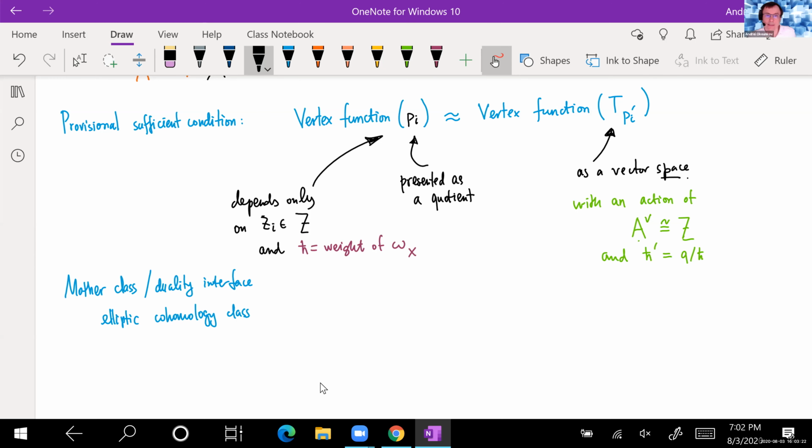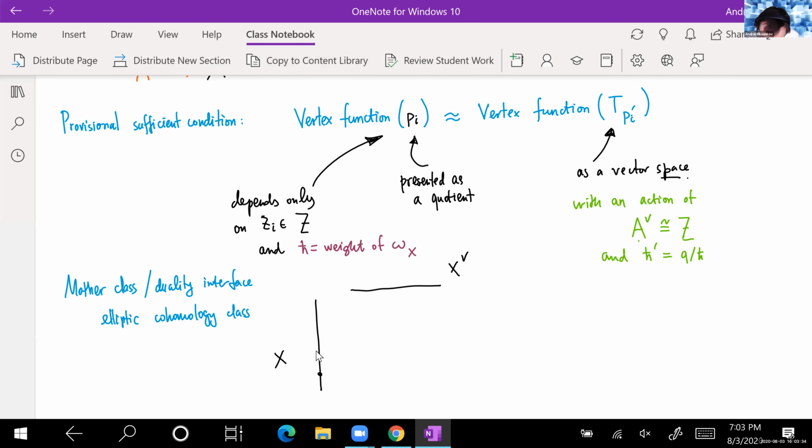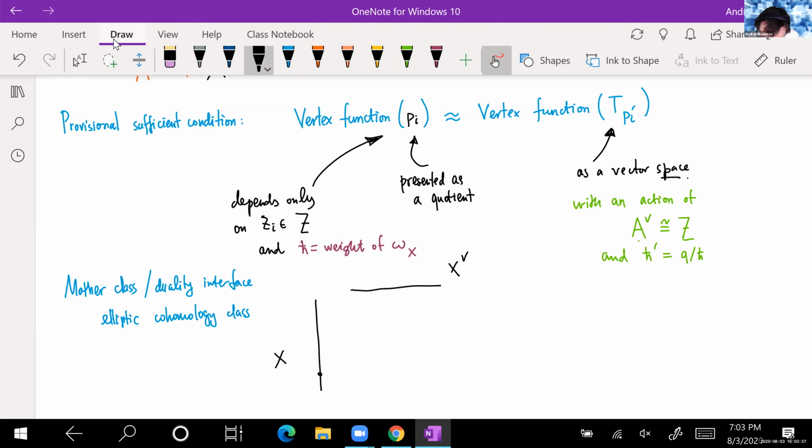So what we would like is to have a map. Maybe I draw X, and then X check, and then there are fixed points P1, P2, and P1 check, P2 check.